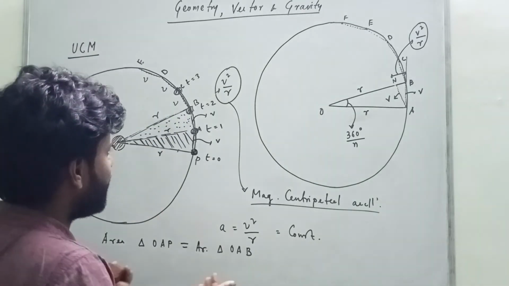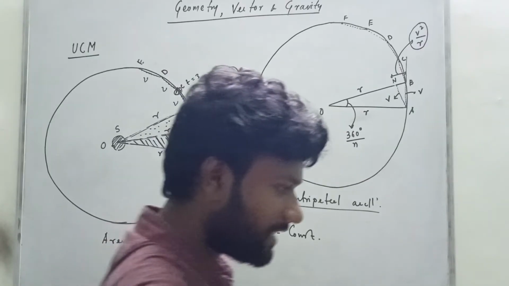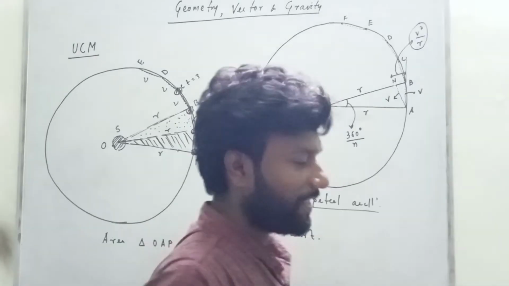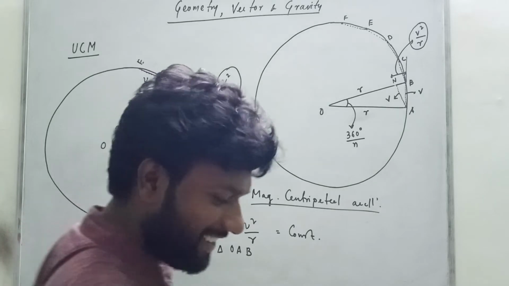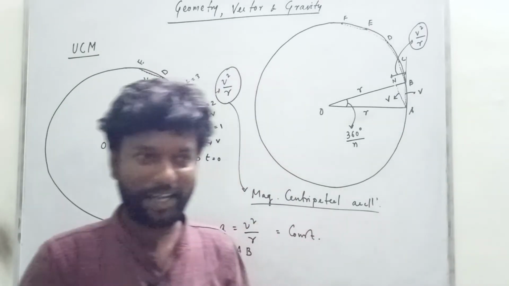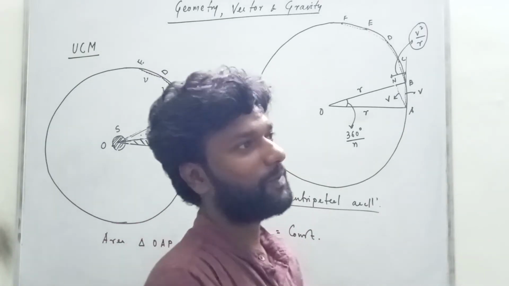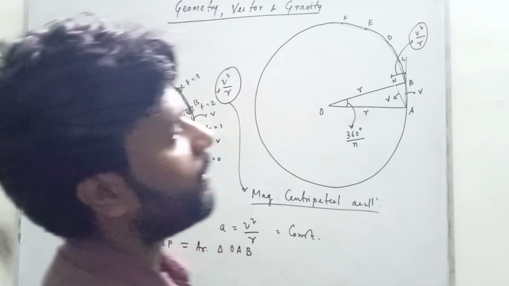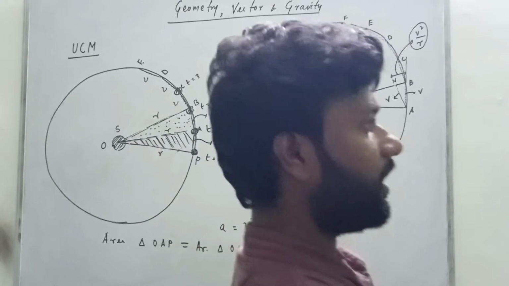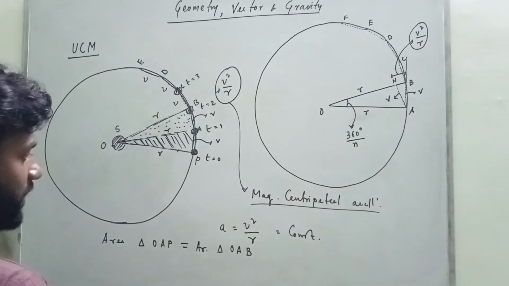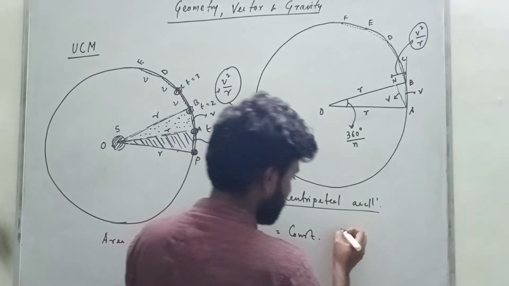For each and every equal time, the planet sweeps out equal area. So it is Kepler's second law of gravity. The planet sweeps out equal area in equal time, right? This is our Kepler's second law.